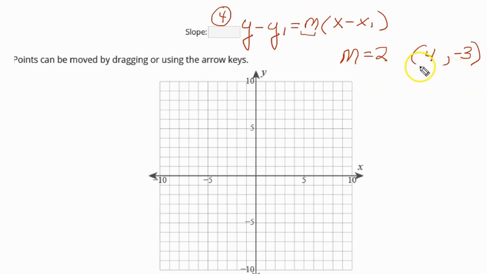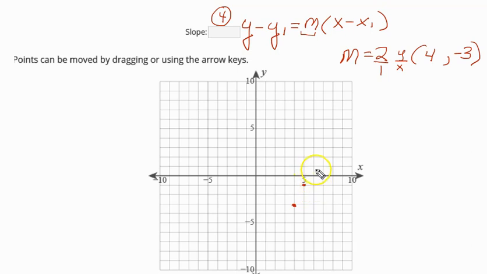Okay, so you want to go to this point, 4, comma, -3. So over 4, down 3, and you put a point there. Now, what is our slope? Well, our slope is a 2 over 1. Remember, these are y units over x units. It's positive. So we're going to go over 1, and then now up 2, and there's our second point.